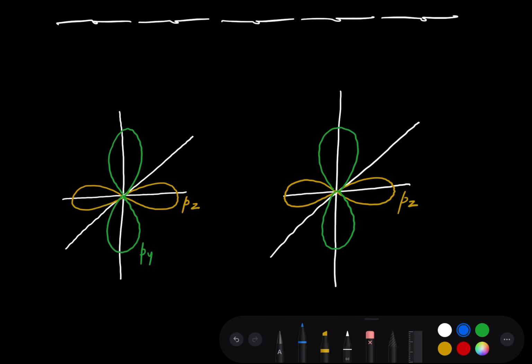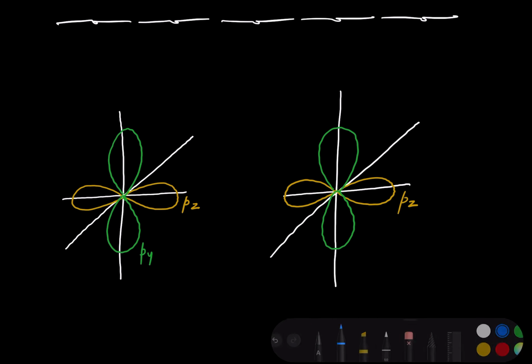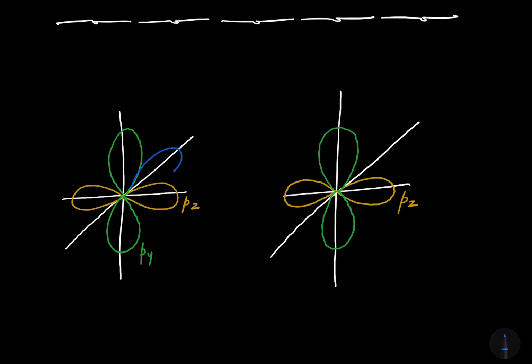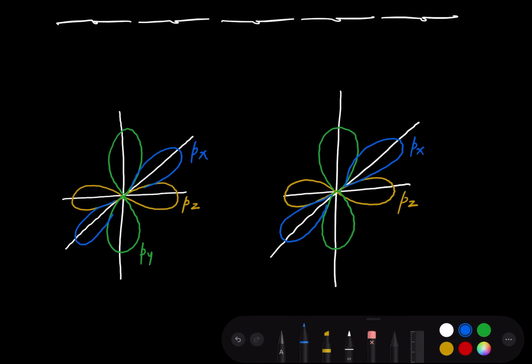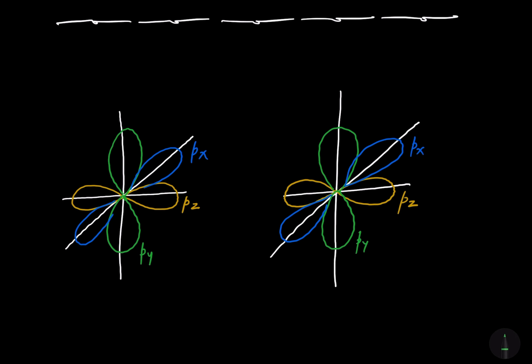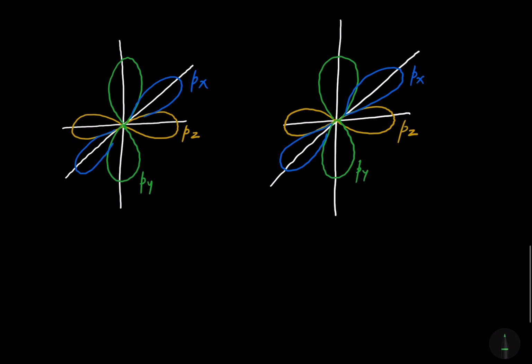Now that's px of the first element, the blue color, and that's the px of the another element or the second element. That's the py. Now there will be the sigma bond formation between the pz and the pz.